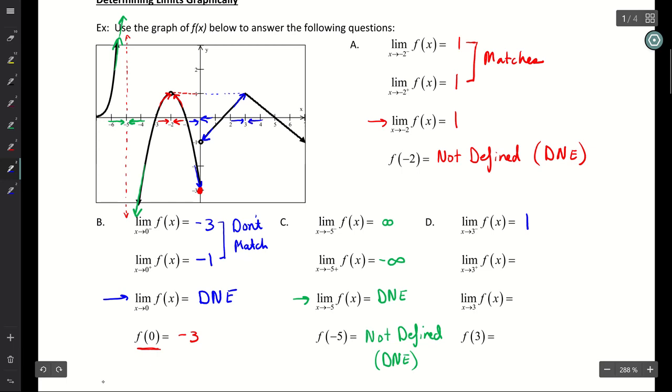As I approach 3 from the right, the function has that behavior. Notice that my arrows are meeting up at 1 again. These two things match, so the overall limit as I approach 3 is also 1. The function value is 1 as well, so in other words, that actual point was filled in there.